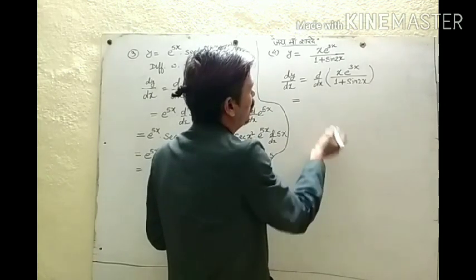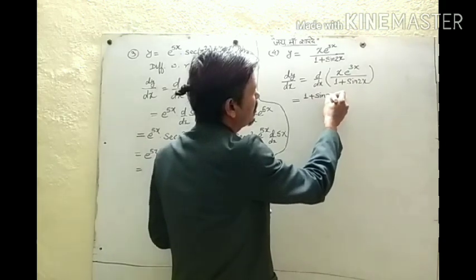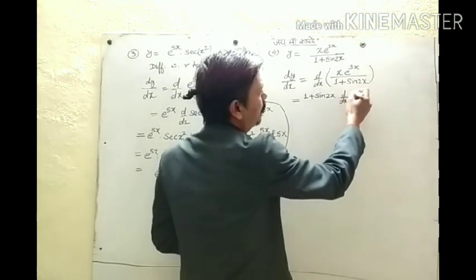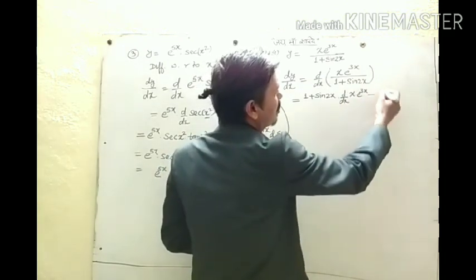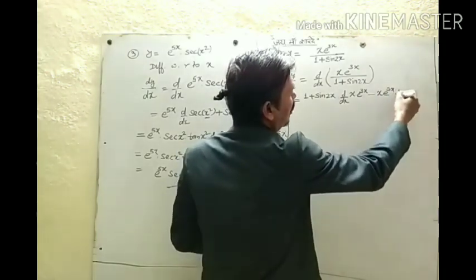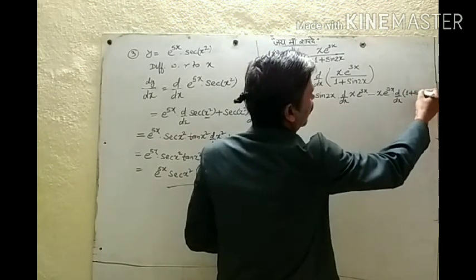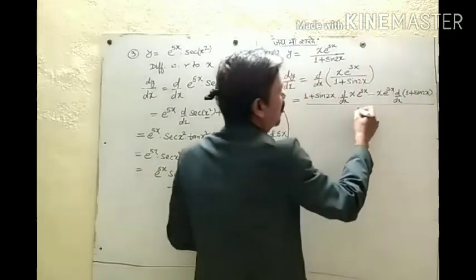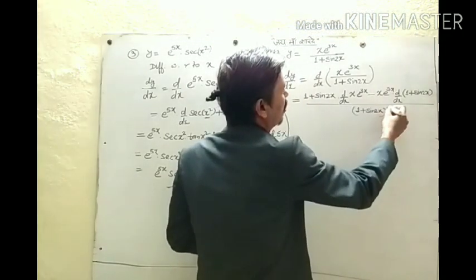In the quotient rule, denominator 1 plus sine 2x into the derivative of the numerator x into e to the power 3x, minus numerator x into e to the power 3x into the derivative of the denominator 1 plus sine 2x, divided by the square of 1 plus sine 2x.